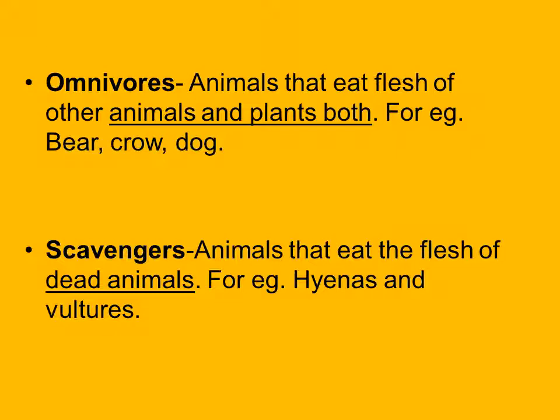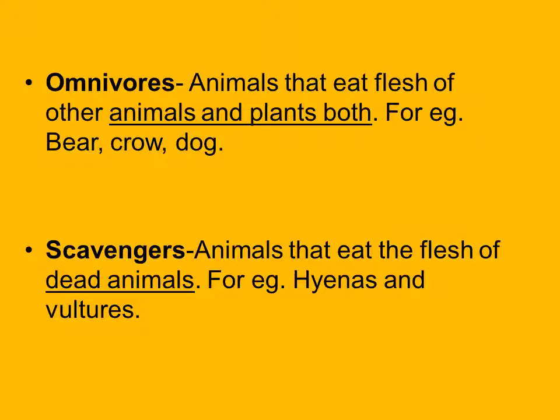Now comes scavengers. Scavengers eat the flesh of dead animals. Those animals do not eat another animal as such, but only the flesh of a dead animal. They are not hunting the animal by themselves; rather they are eating what is left by a carnivore animal, the leftovers of a carnivore's feed.